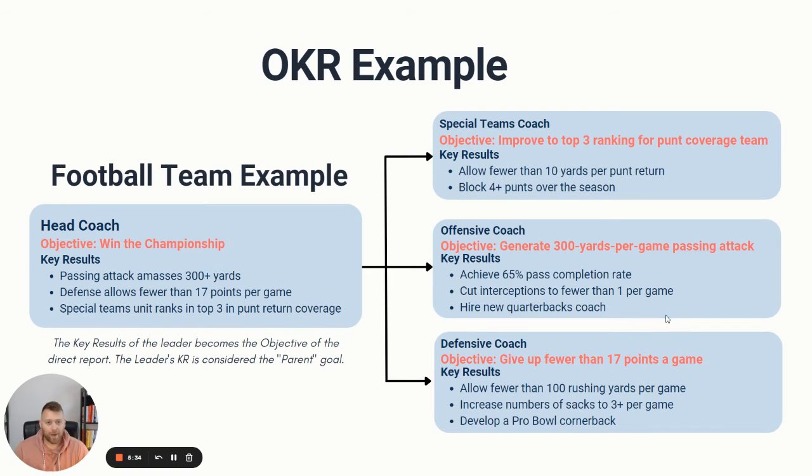So this is a binary goal. It's black or white. It's yes or no. We did this or we did not do this. So you can have quantitative goals, which is numbers, or you can have binary goals, something that you can clearly say, yes, we did this, or no, we did not.